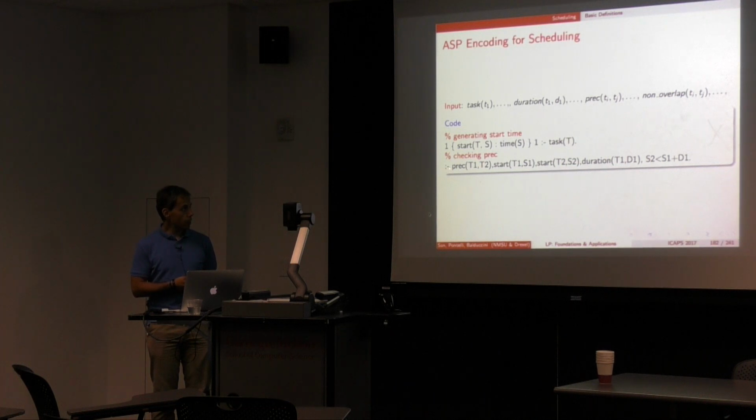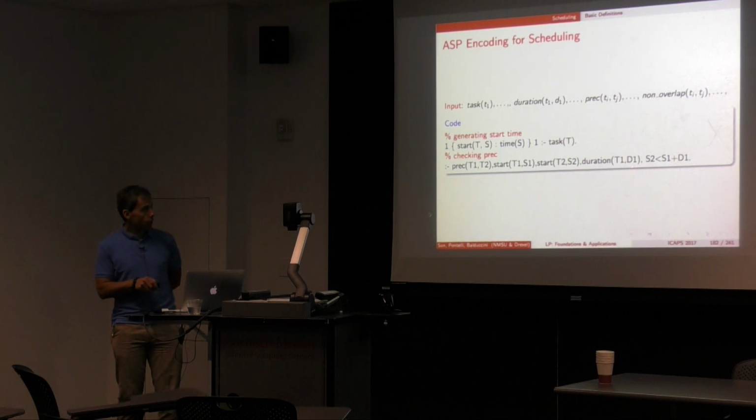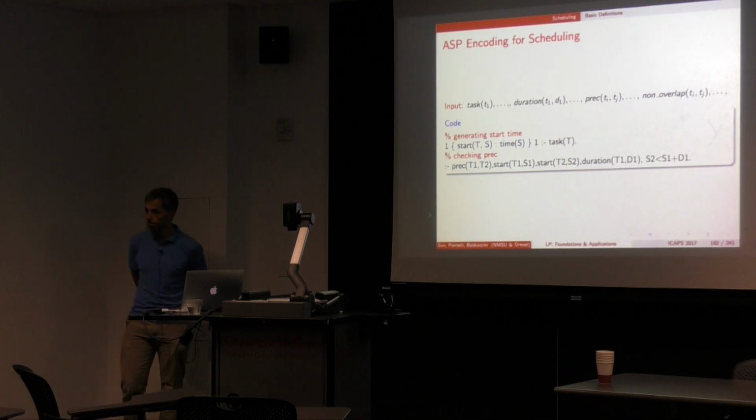So we're saying that it's impossible for T1 to be required to precede T2, and for the start time assigned to T2 through here to be less than the end time of T1. Okay, kind of straightforward.